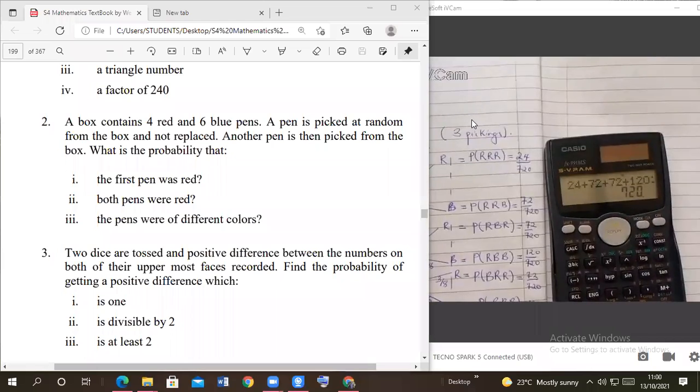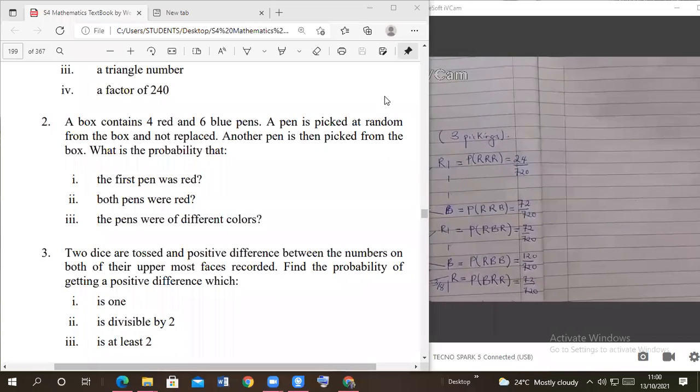What do you get there? 720, and 720 divided by 720 is 1. So which means we are correct.